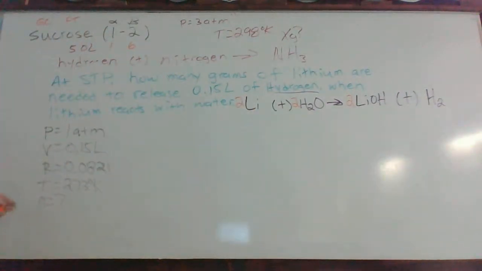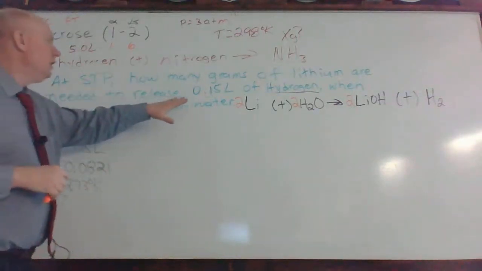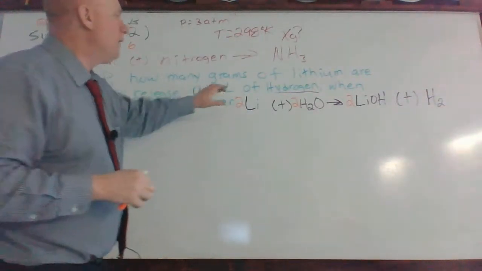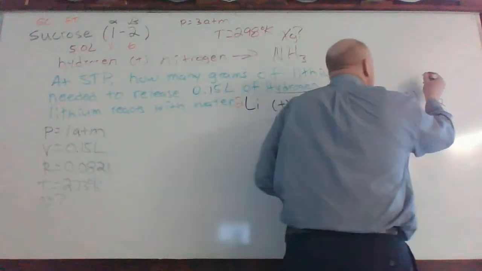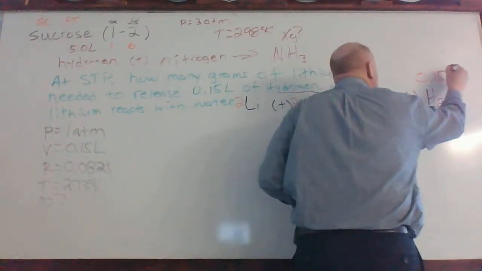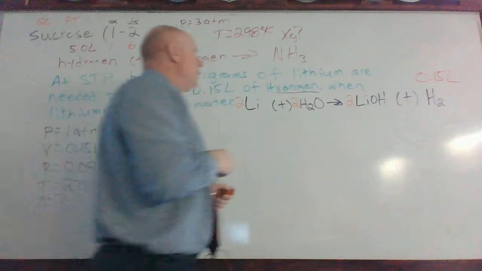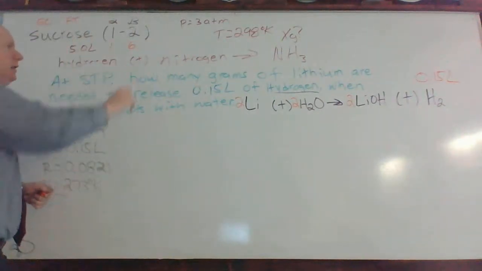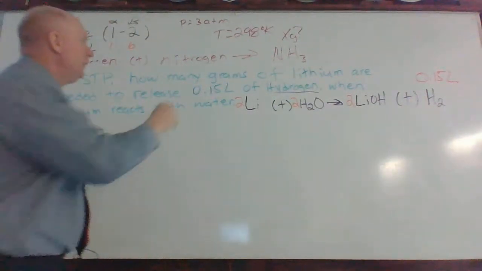All right. So with this, we are trying to figure out if we want to release 0.15 liters of this. 0.15 liters is asking for what? How many grams of lithium?